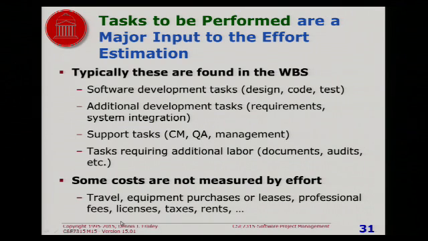And then finally, costs that are not measured in terms of labor, such as the cost to lease space, the cost to buy equipment, things like that. So these are typical cost categories. And the reason you make these categories is that you tend to estimate each category in a different way.